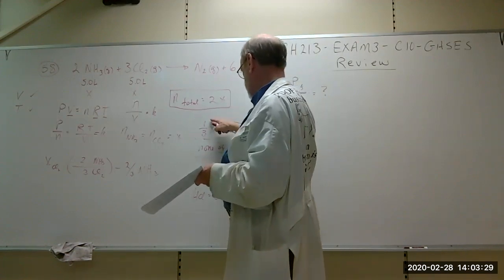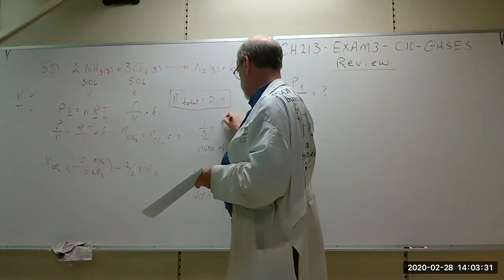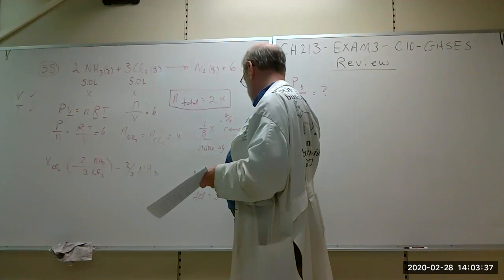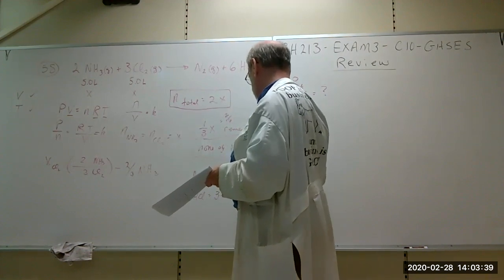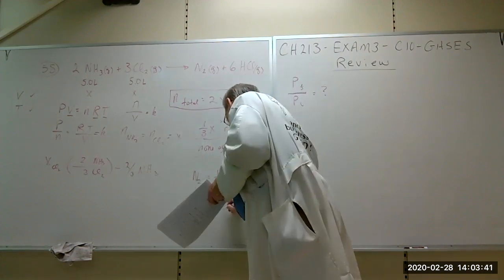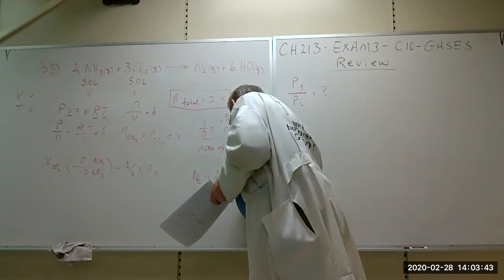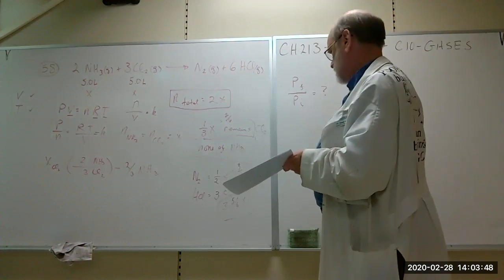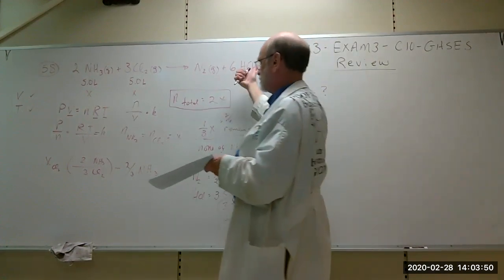So let's see, that's 2/6, and this is 3/6, 5/6, 3 and 5/6. X is on this side.